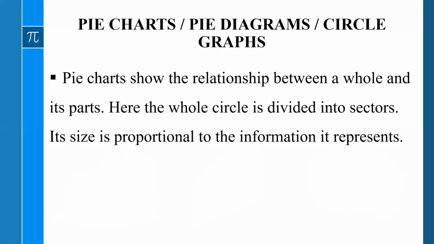So, pie charts show the relationship between a whole and its parts. Here, the whole circle is divided into sectors and its size is proportional to the information it represents.